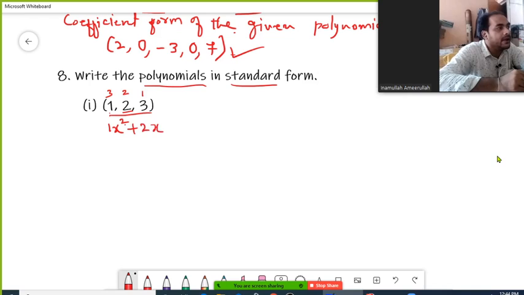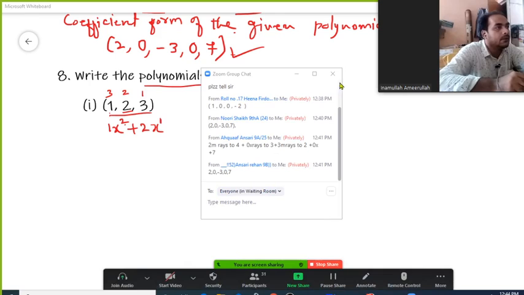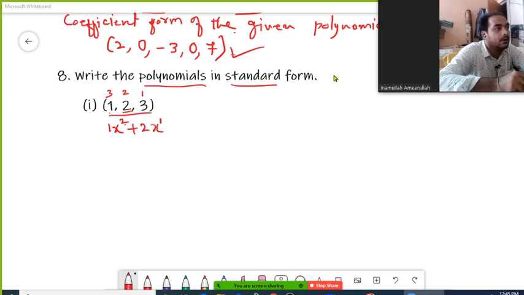Here we have 2. So the next is 1. So there is no need to write power 1. Then next term is plus 3. So here I'll take plus 3 x raised to power 0, right?